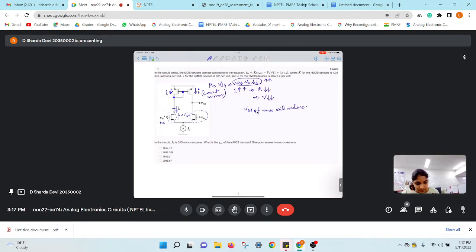Since this is in differential mode, if we apply delta amount of voltage at the first input, here we'll have minus delta amount of voltage. If there is minus delta, the current has reduced. There is i amount of current flowing through this, but it is reduced, so it will be minus i.